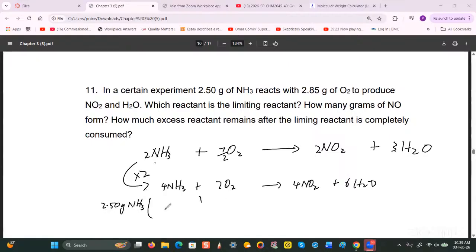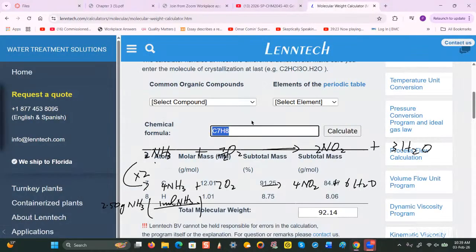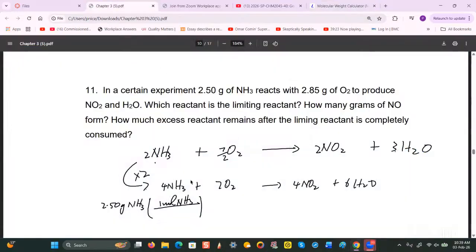So the first step is that we need to convert from grams to moles. So we're going to have the molar mass. So let me go to my NH3. So that's 17.03.